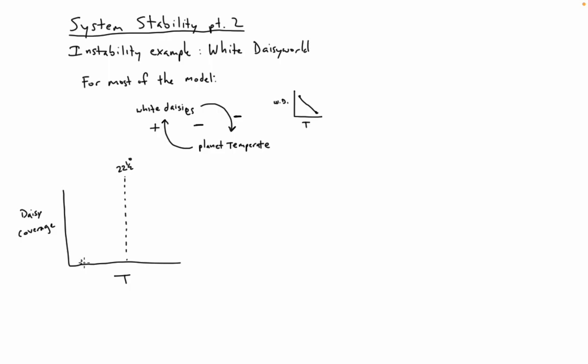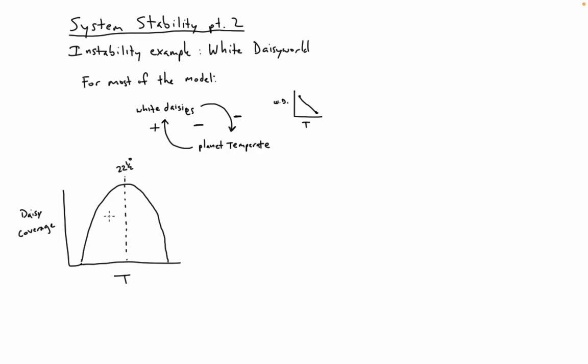The way it's programmed in there is it's a parabola shape. So if it's too cold or too hot, then there won't be daisies. And if it's very cold, but still in this window, then there'll be some. And the warmer it gets, the more daisies will grow. This is just the daisy preference for living.